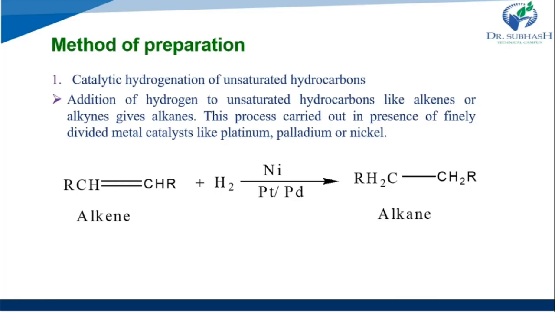Unsaturated hydrocarbons are alkenes or alkynes. This process is carried out in the presence of finely divided metal catalysts like platinum, palladium and nickel. So alkene plus H2, that is hydrogen, in the presence of nickel, platinum or palladium makes an alkane.